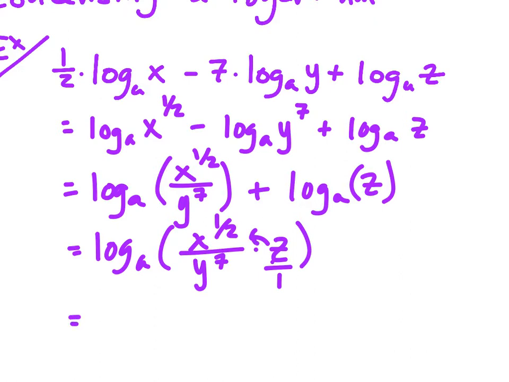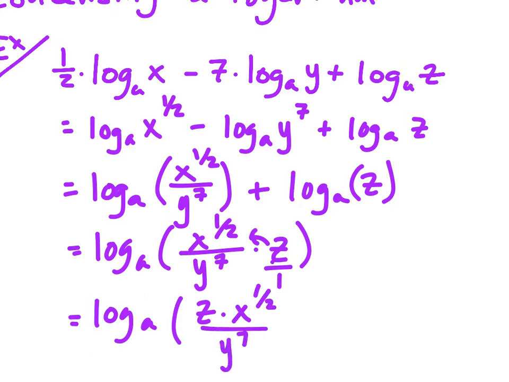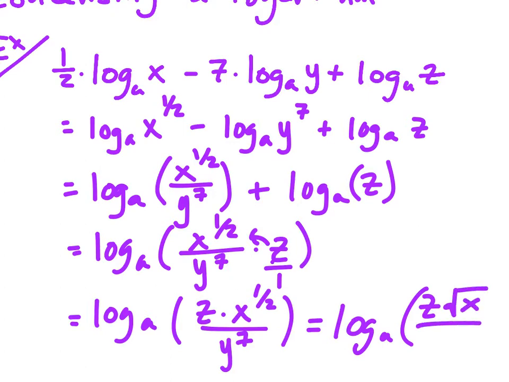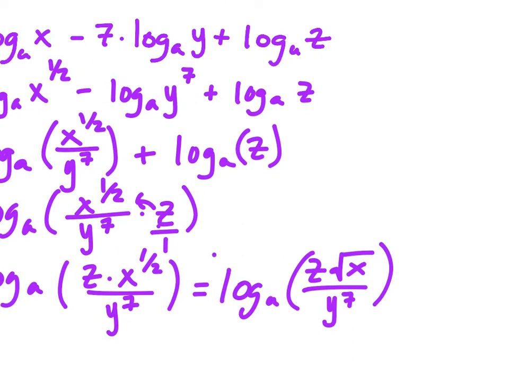So this is going to be log base a of z times x to the 1/2 power over y to the 7th power. Now, something raised to the 1/2 power is really just the square root of x, divided by y to the 7th. And what I have now is a single logarithm.